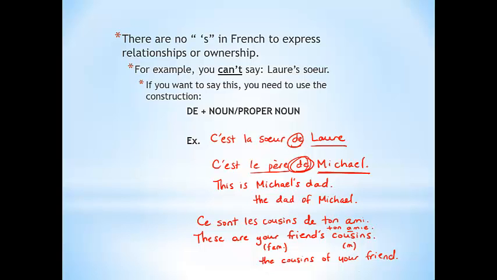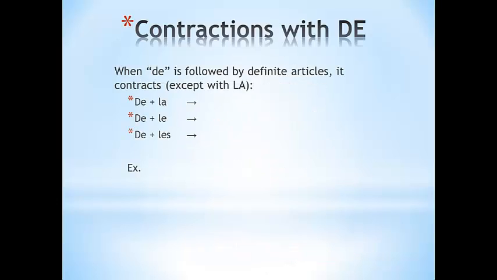Okay, so the last thing that we need to talk about, since we're talking about possession, is contractions with the preposition de. Okay, so when de is followed by a definite article, they're going to contract. Okay, except la. La doesn't contract with de. Okay.